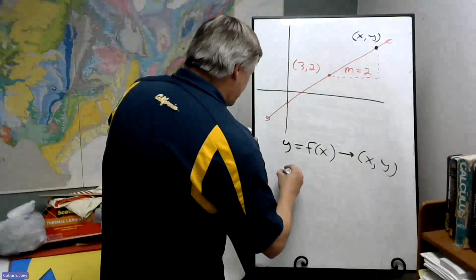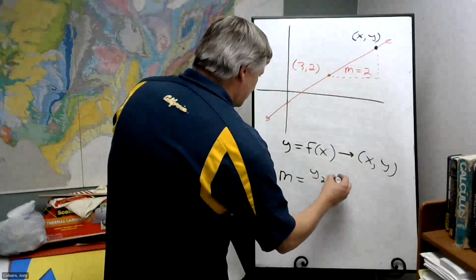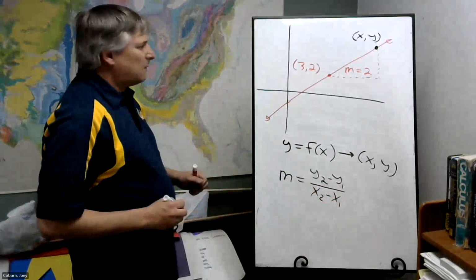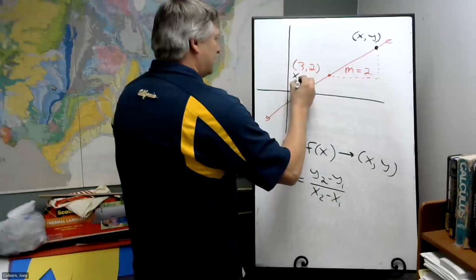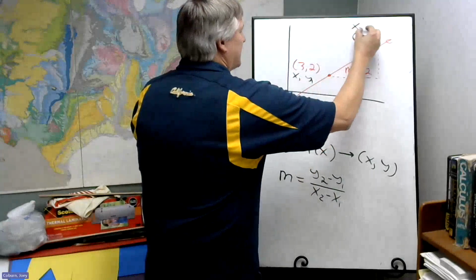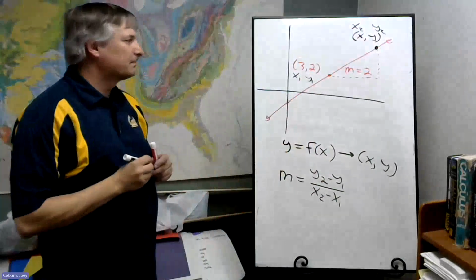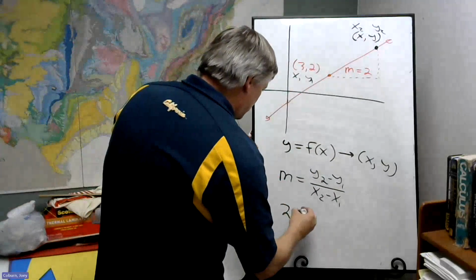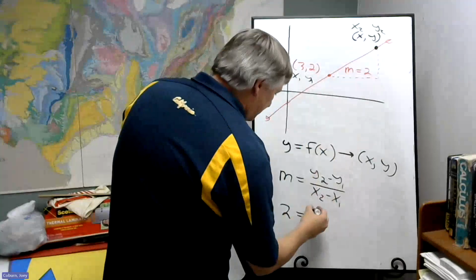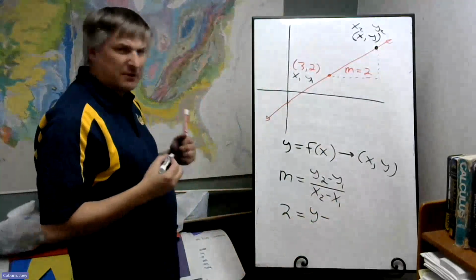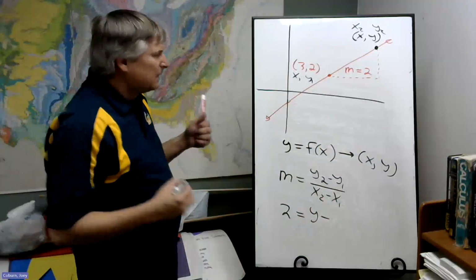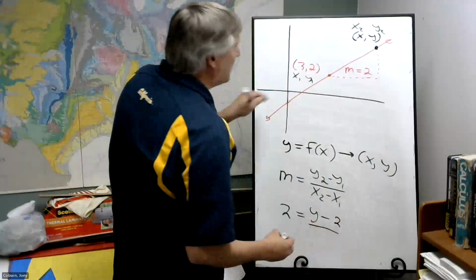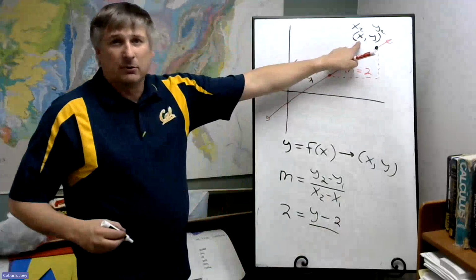Recall that the slope formula is this. Well, let's call this x1, y1, and this x2, y2. And we have a slope 2. So 2 equals, this is y, that output variable for our formula, minus y1, which is the number 2, over x2, the input variable for our formula, minus x1, which is 3.